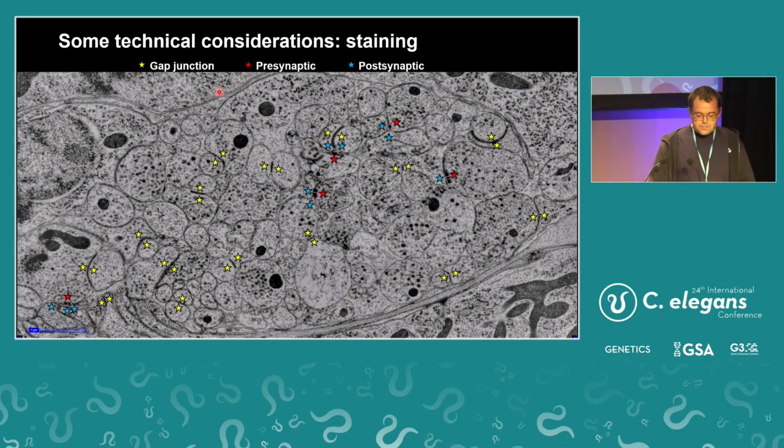So one thing to pay attention to when you're beginning your sample prep is to stain your tissue so that it highlights whatever you want to see. So for example, we're looking at chemical synapses and gap junctions. And we have this staining condition which is quite faint around the cell membranes here, but you have very dark chemical synapses that are very easy to see, and the gap junctions are selectively stained as well.